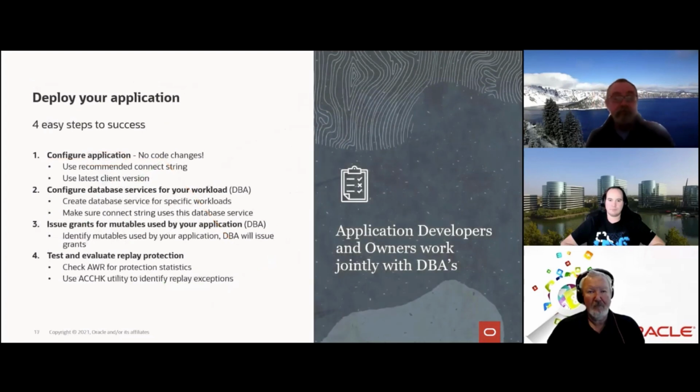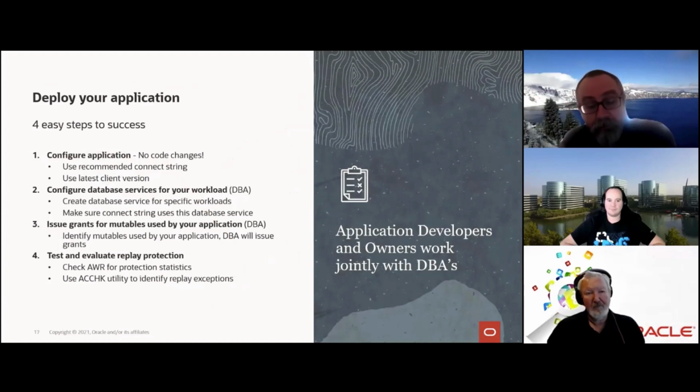So how do you do this? Well, you deploy your four easy steps. It is that simple, and I've mentioned them already. Configure your application. No code changes, just configuration changes. I mentioned the connect string.